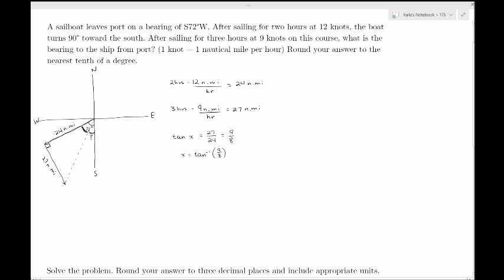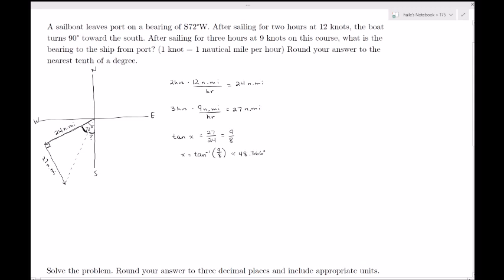Now if you were to plug this into a calculator, this would be approximately 48.366 degrees. But we want a more exact answer, so remember that we want this smaller angle between the southern axis and that dotted line.